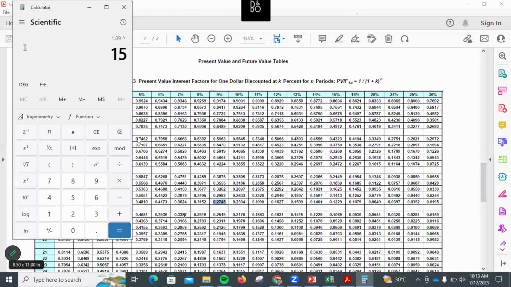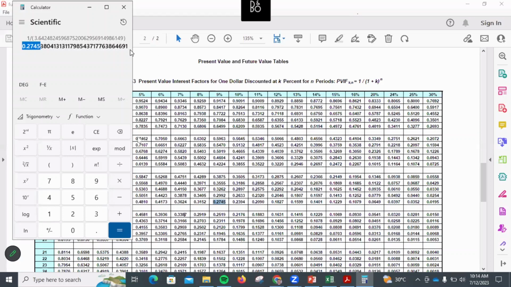Then you can get this one. Then the 1 over it would be this value. So if you have the approximations like this, which is equivalent to 0.2745. So if you multiply it by 50,000, you can get it.